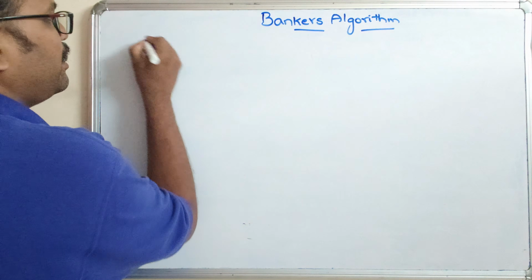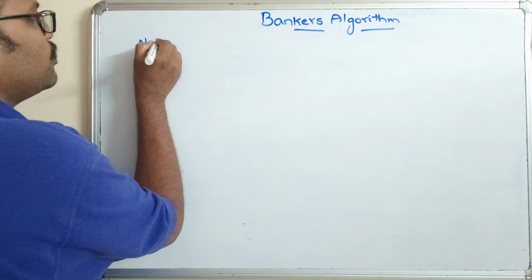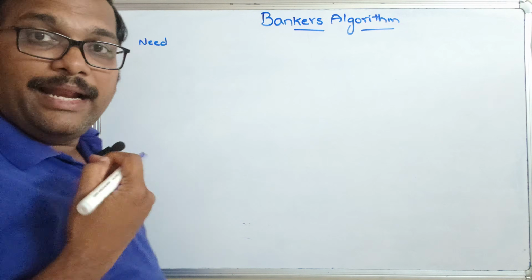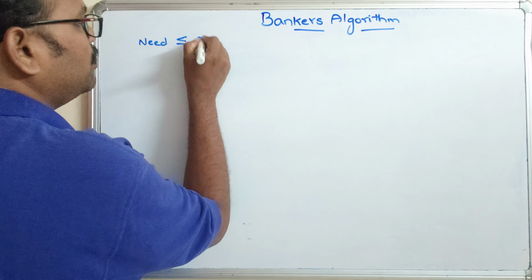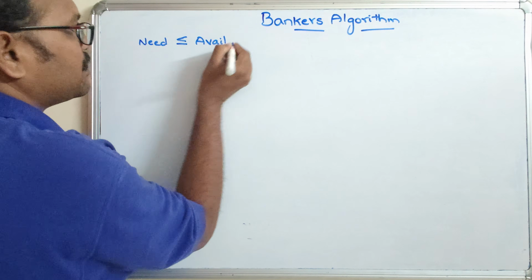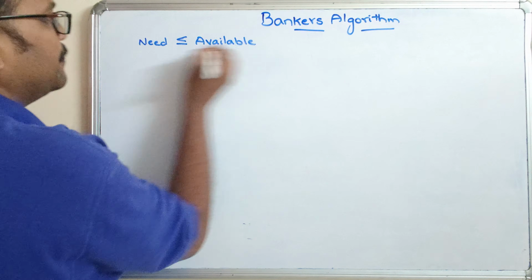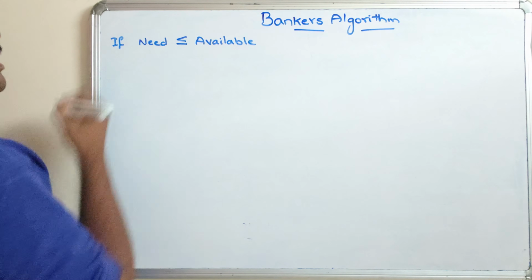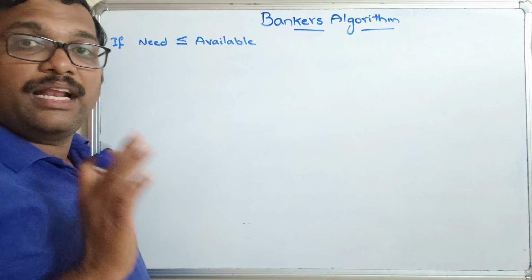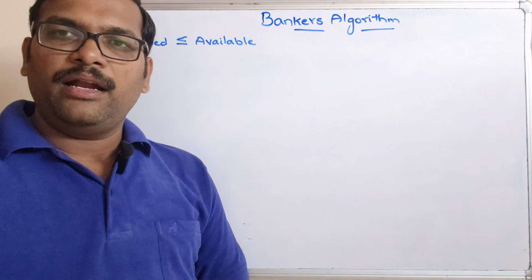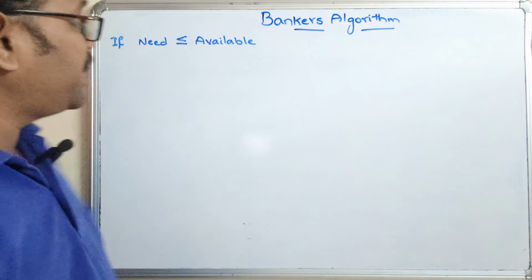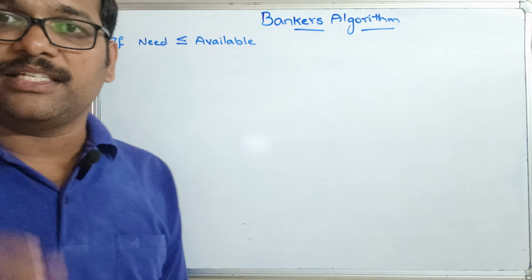As we said here, need resources. The need resources are less than or equal to available resources. See, if need resources are less than available resources, so some resources are already available, and every process will be calculating the need resources to complete its execution.